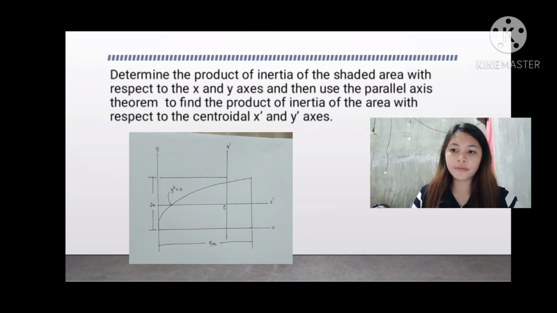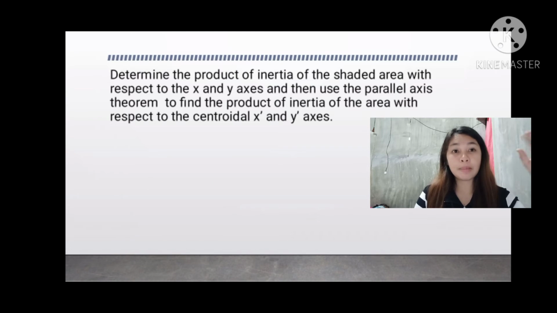So we have here a base of 4 meters and a height of 2 meters, with a certain region of the centroid of this quarter circle object, which represents y squared is equal to x.